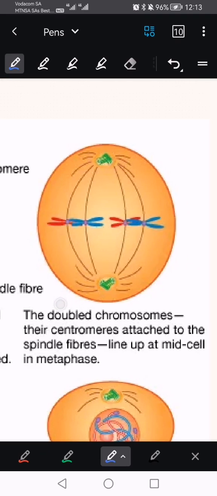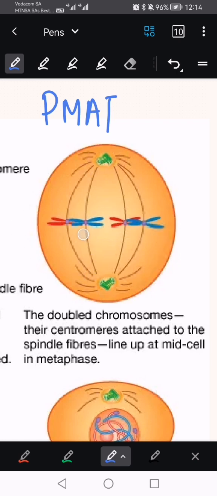Now, the double chromosomes, their centromeres attach to spindle fibers, and they line up in the midsection in the metaphase, right? Remember, mitosis is PMAT: prophase, metaphase, anaphase, telophase.